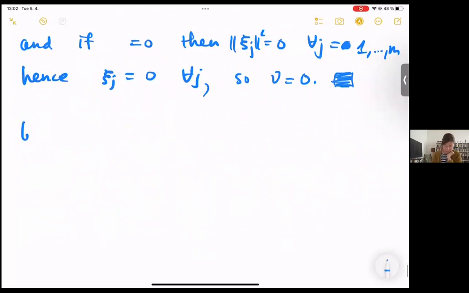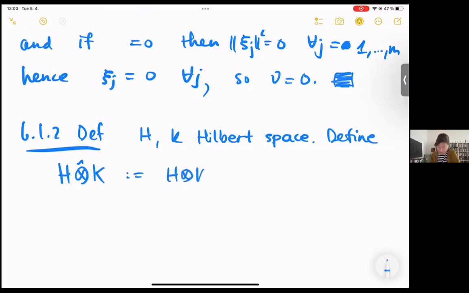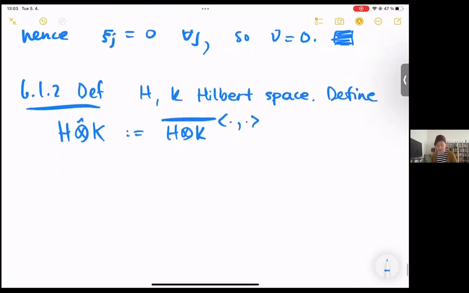Okay, let me just end quickly with a definition. So sort of the obvious definition, H and K are Hilbert spaces. Then their Hilbert space tensor product, which I will denote as H with a little hat on the tensor product, H tensor K, is defined to be the vector space tensor product closed with respect to the norm induced by this inner product.